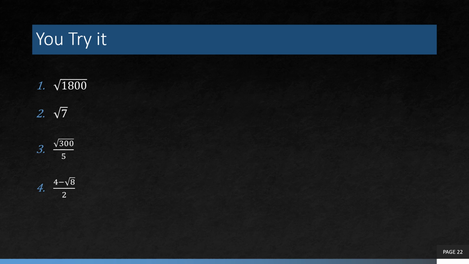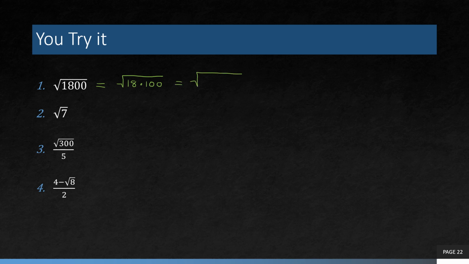So for this first one, it is the square root of 1,800. So what I'm going to do is break this into components. So that's the same thing as 18 times 100, and I've noticed that that 18 actually can be broken down a little more.